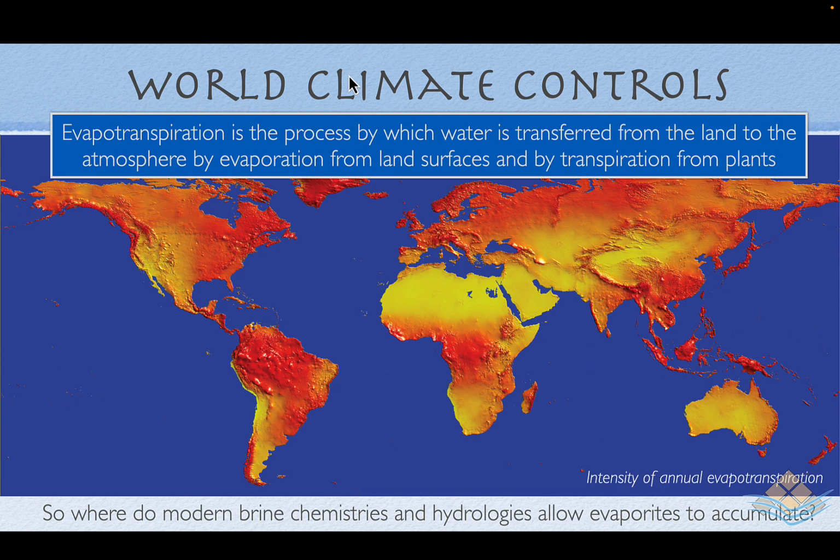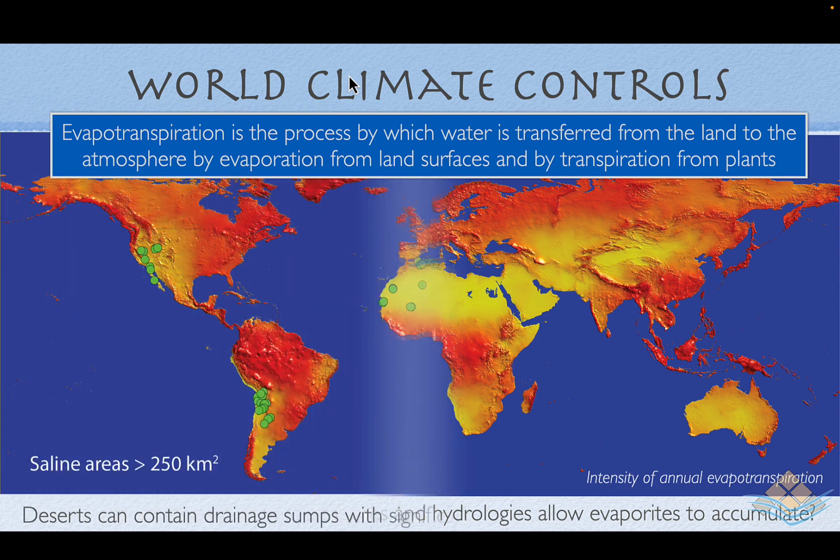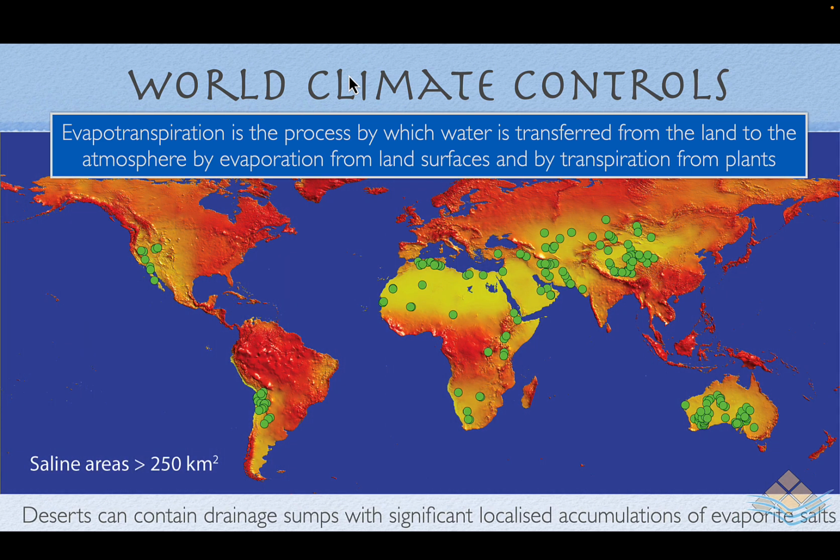Within that framework, we can see that deserts tend to dominate in terms of where we have saline areas forming. The green dots coming off the Saltworks GIS database show areas on the world surface which contain salts and have areas in excess of 250 square kilometres.